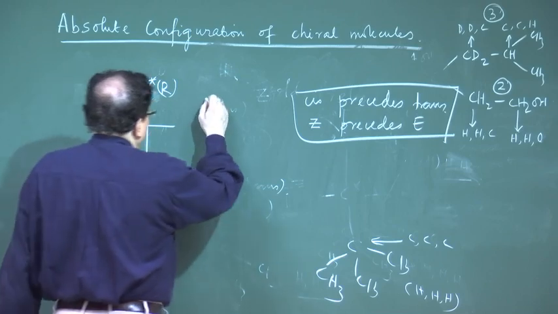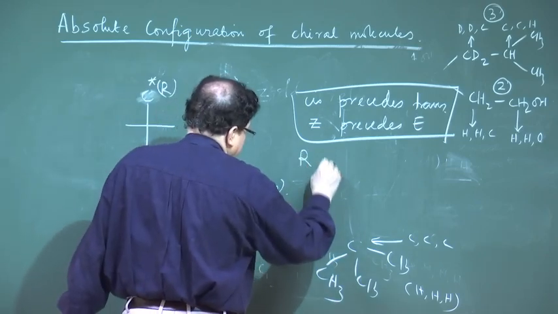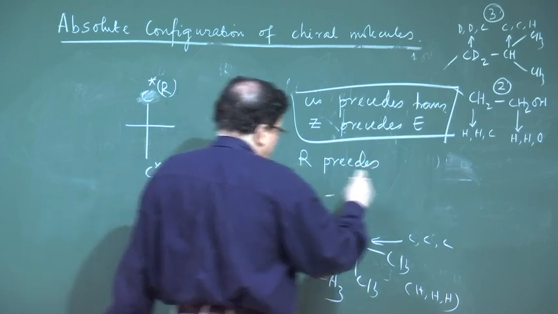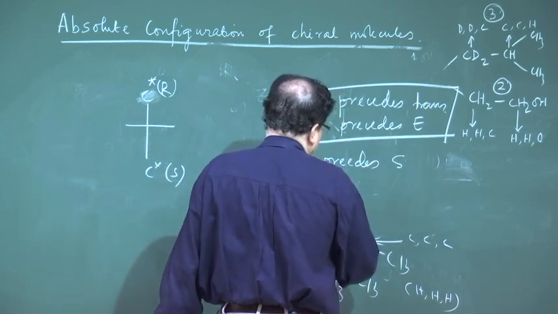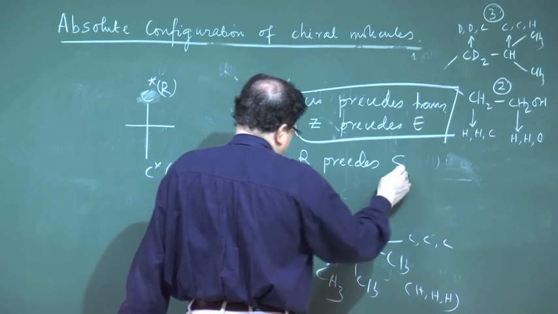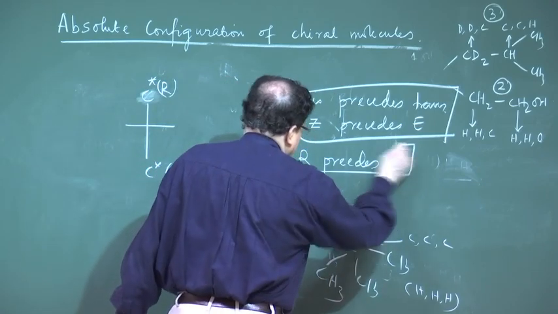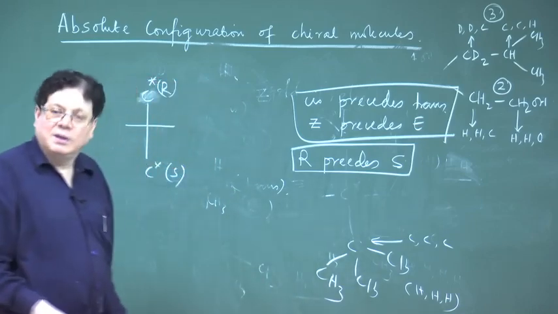So here the rule is that R precedes, which means R is favored over S, R precedes S. Okay. So that is the rule. So if you face this type of situation, then you can do that.